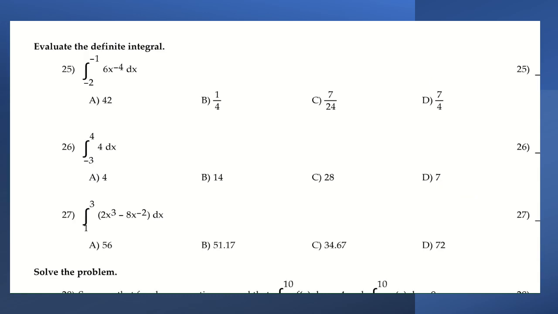Bismillah ar-Rahman ar-Rahim. A quick review on integration and differentiation regarding your exam, end of term 3, inshallah. For the first kind of questions here, evaluate the definite integral. In this kind of multiple choice questions in MCQ, you can directly use the calculator.